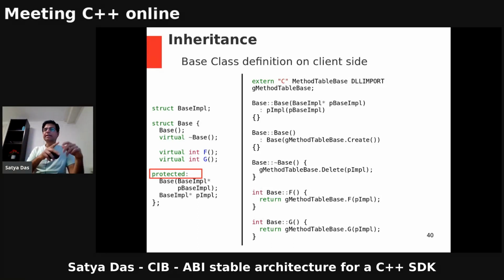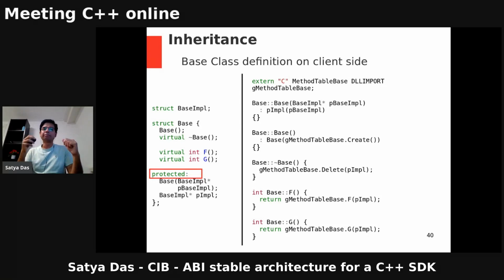Here we are on the client side. So the p-impl here in the base class will be pointing to an object of the base class on the library side. Fine. So the only thing to note here in the base class is that the two things we add to the proxy class, the p-impl data member and the constructor that constructs from the implementation pointer, will be marked protected because it's a base class.